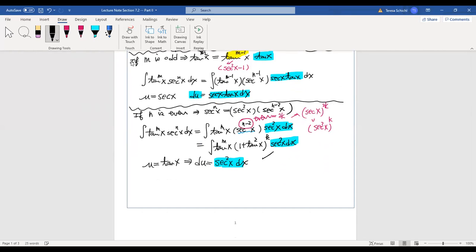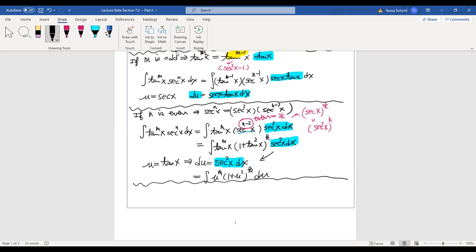So then you can use u-sub, and it will simply be u^m times (1 plus u squared) to the k and du. Then you'll be able to solve these integrals. All right, then the next situation is in here.